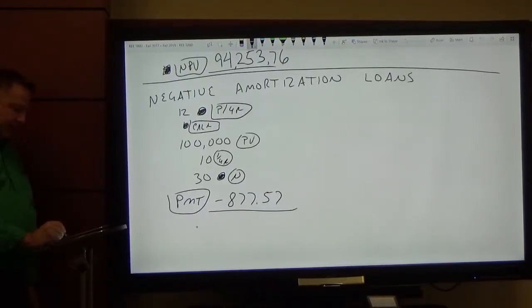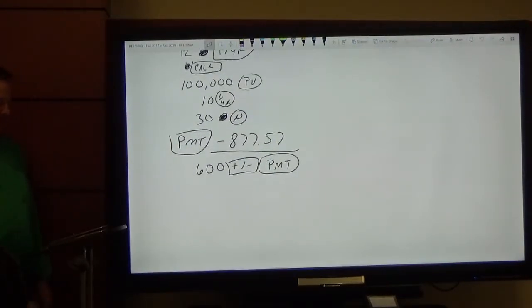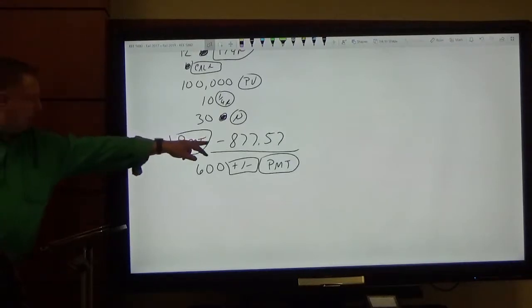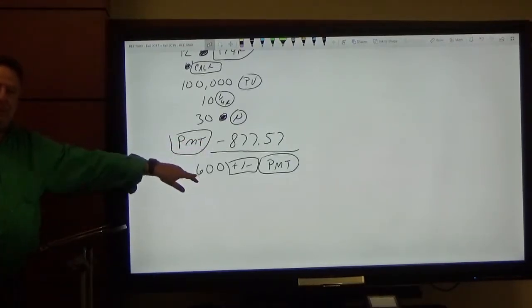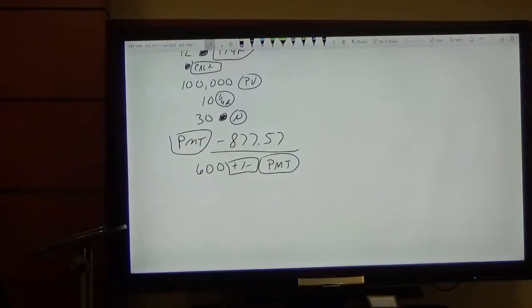So if that's the case, what we would do is put in 600, make that a negative, as our new payment amount. Is it negative because it's lower than the... No, it's just negative because the payment itself is also a negative. Okay, so instead of making $877.57 as the payment, we're now making a $600 a month payment.